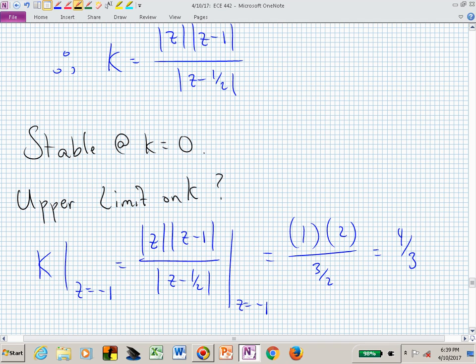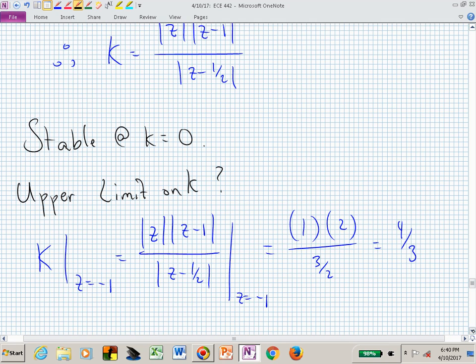That's the value of k that will be the maximum I can crank and still remain closed loop stable. And in so doing, I now plug in z equal to -1 and take the magnitude of each of those factors, and I end up with 2 over 3/2, or I now have 4/3 for k.